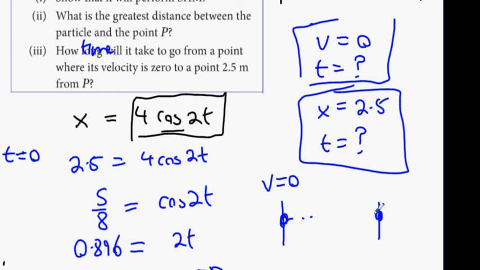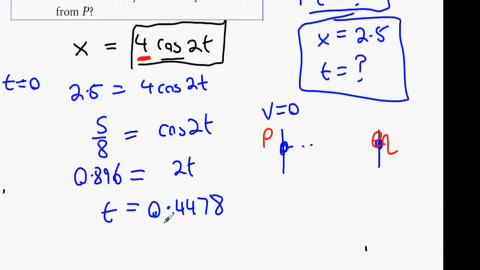If you start off at the amplitude, you're 4 meters away. Then you're going to travel, and this is P here, okay, so you're going to travel to 2.5 meters away, so x equals 2.5, and then you get your t equals 0.4478. Okay, we're good with that?